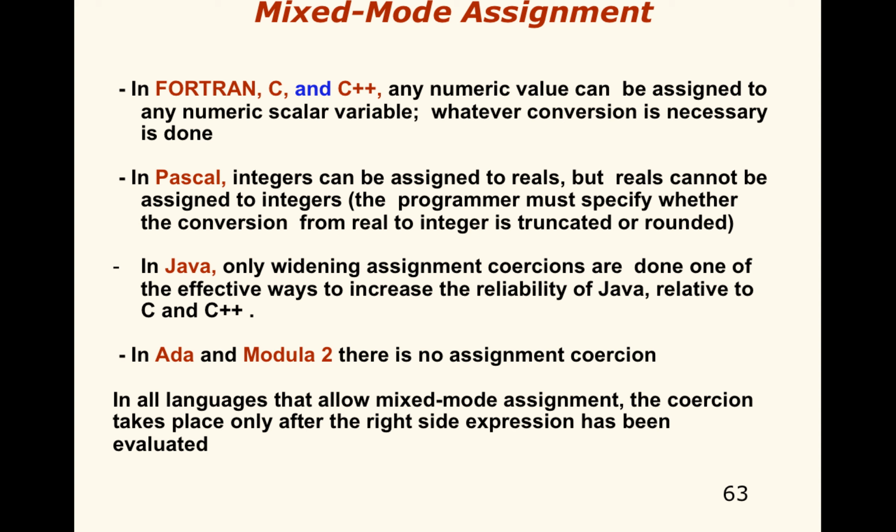In Java, only widening works, and it's done when coercions are done. It's one of the effective ways to increase the reliability of Java relative to C or C++. Java only allows widening conversions. C allows narrowing.